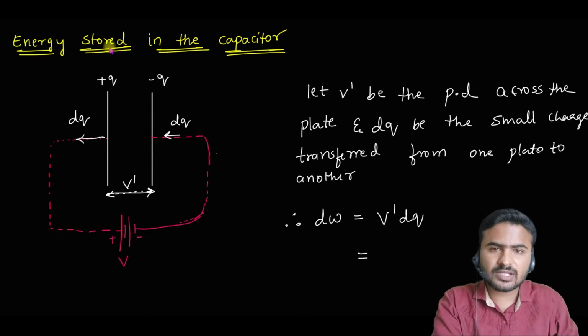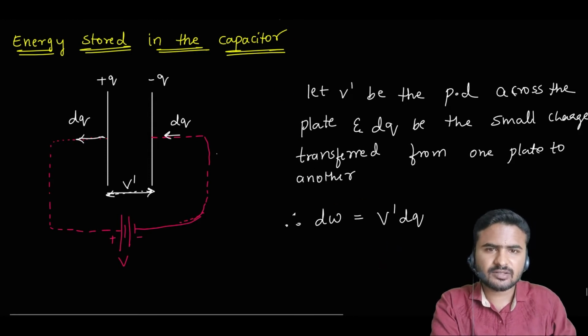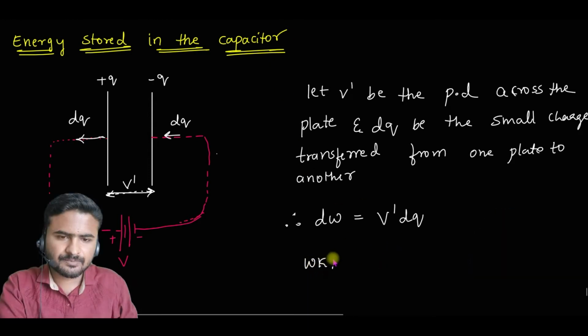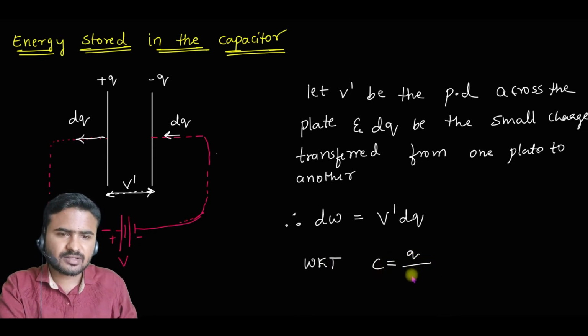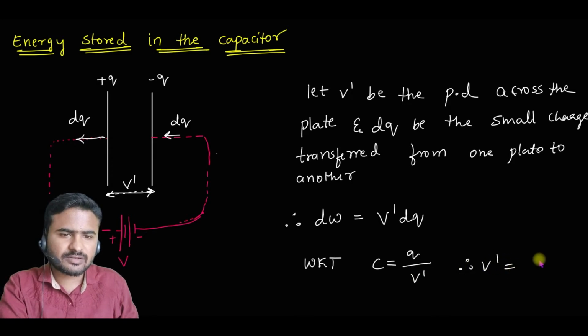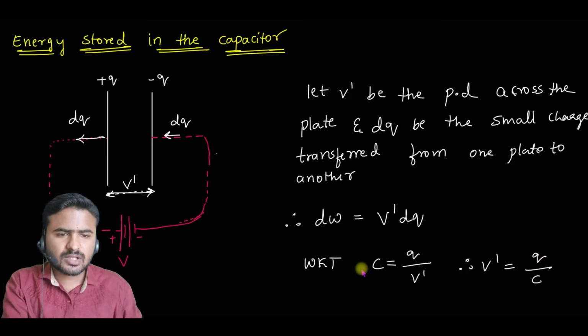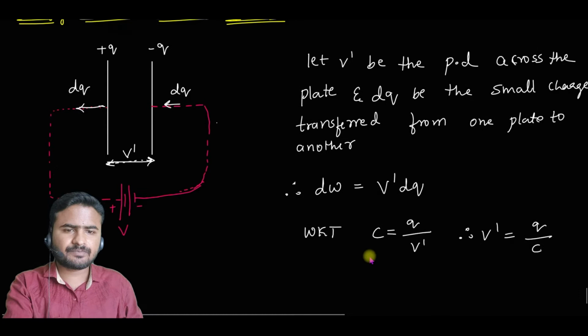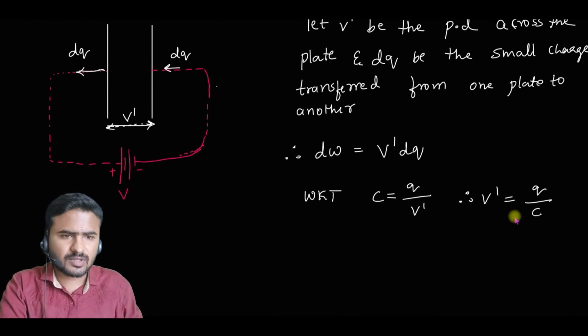What we can do is, I know that capacitance C is equal to Q by V, and in this case it is V dash, because the potential difference across the capacitor is V dash, and the magnitude of charge on any of the plates is Q. So C is equal to Q by V dash, and therefore V dash can be written as Q by C. Now we will substitute V dash as Q by C.